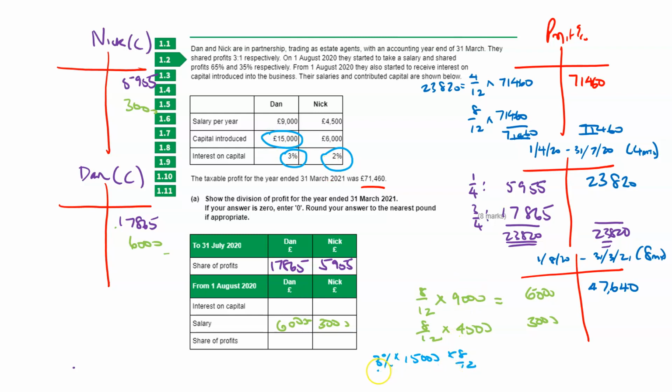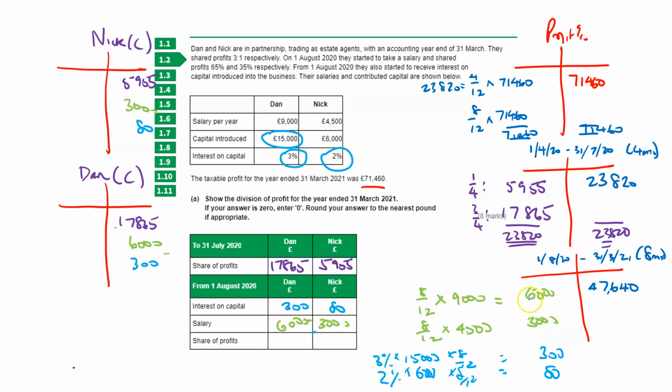And for Nick, we are looking at 2% times 6,000, and we're looking at 8 months. And then when we do that, we have 300 and we have 80. So I'm debiting 300 here, and I'm giving 300 to Dan, sorry, and I'm giving 80 to Nick. So here you have interest here, 300, and here you have 80.